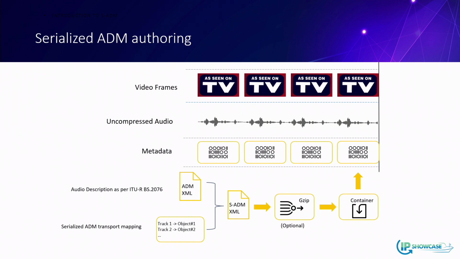So that creates another bigger XML, which is then compressed normally using just a simple gzip compression. And that's placed repeatedly on the wire, typically once a video frame. The standard doesn't specify a repetition period, but once a video frame is what we've seen people generally gravitate towards.